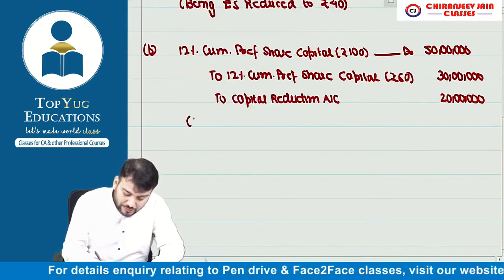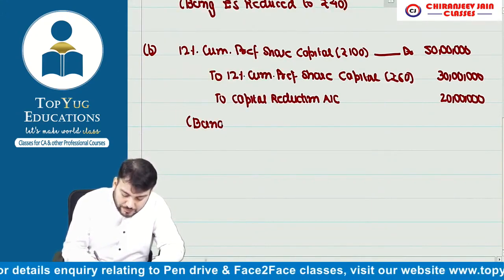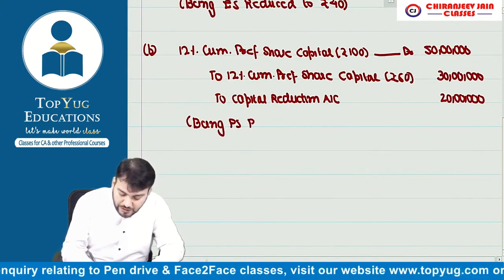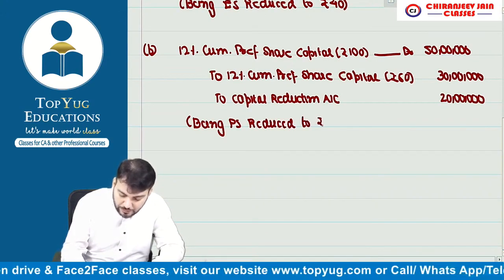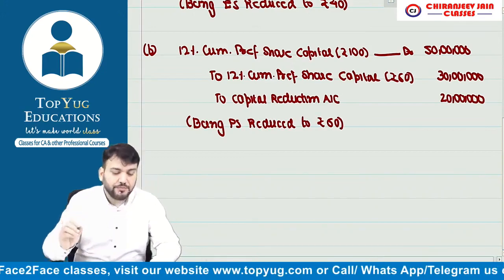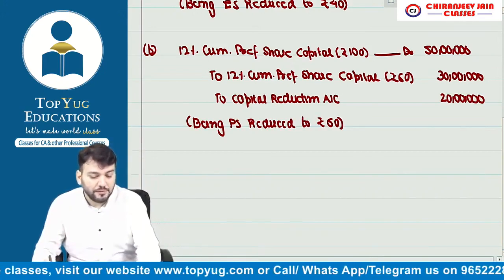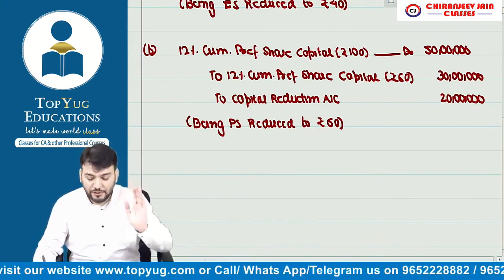So what will be the narration? Being preference shares reduced to rupees 60. Done. Very simple.